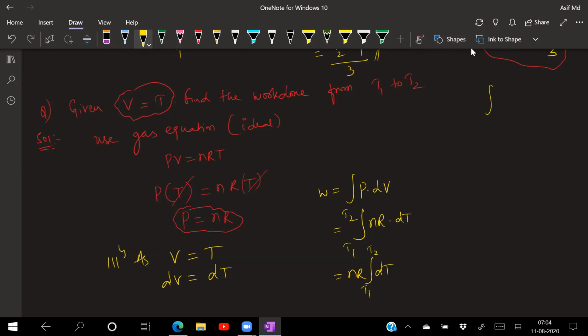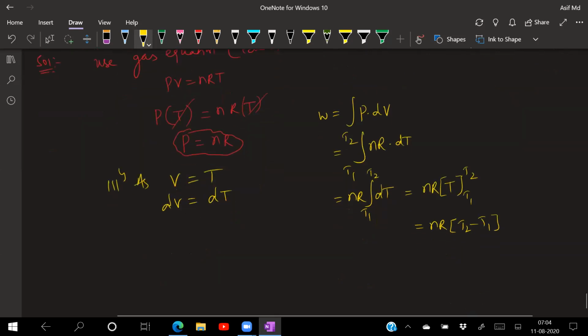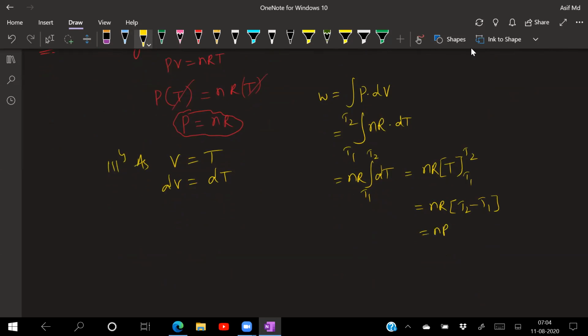You know that integral of dx is always equal to x. So that will be nR into T. If I substitute the limits, this will become nR into T2 minus T1. Or else I can directly write this as nR into dT.